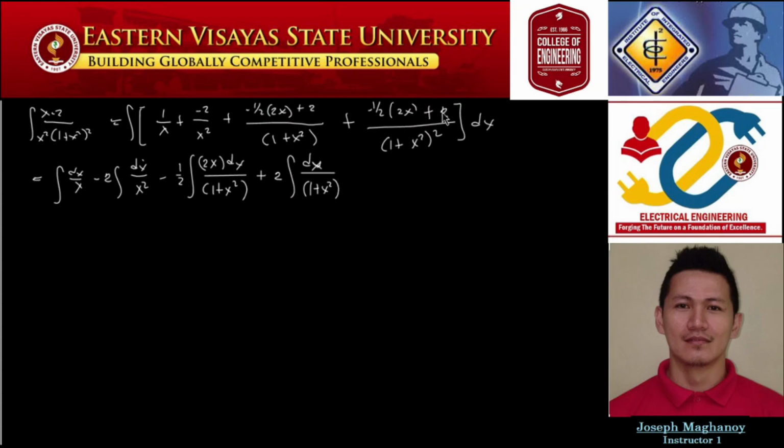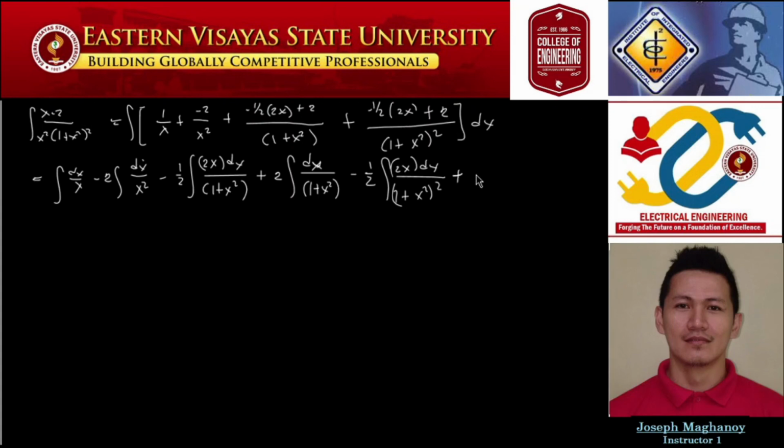Okay, here, we break it into 2 also. So we carry out real number constant, negative times positive, negative 1 half integral of 2x dx all over 1 plus x squared, squared. Since this is a distinct quadratic factor, so we still have 2.